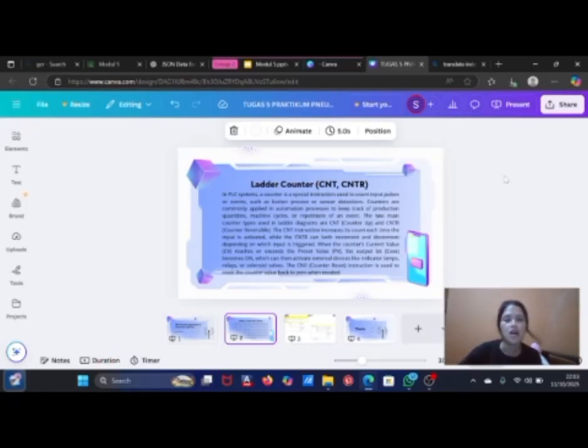repetitions of an event. The two main counter types used in ladder diagrams are CNT, counter up, and CNTR, counter reversible.